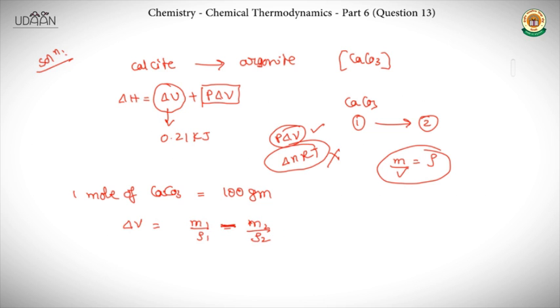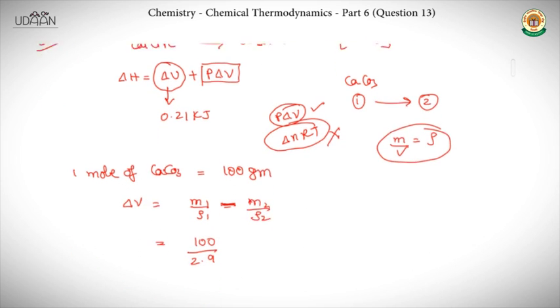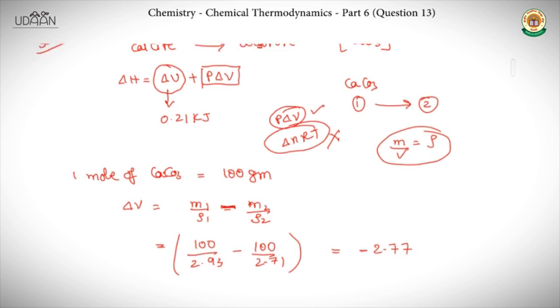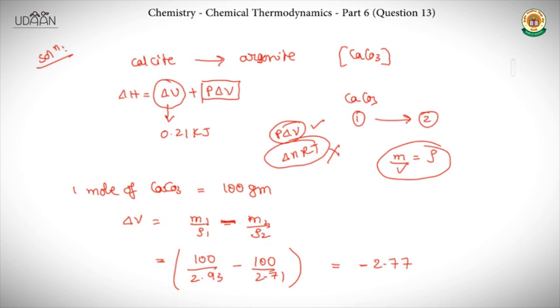So this is 100 by 2.93 minus 100 by 2.71, the values that they gave in the question. So this one we get as minus 2.77, and it is in centimeter cube units, since the mass was in grams.